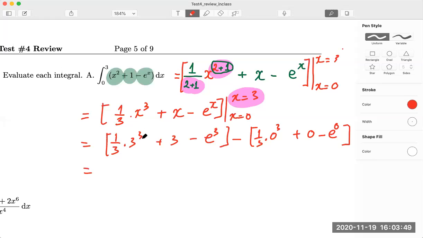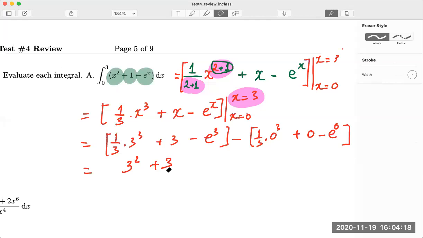Yes. So it will be 3 squared, not 3 cubed, divided by 3. It will be 3 squared. Do you know how we get 3 squared here? No. Okay, now let me remind you.